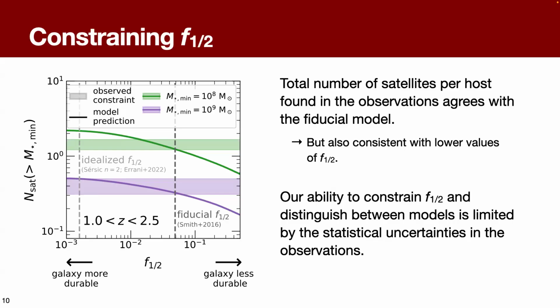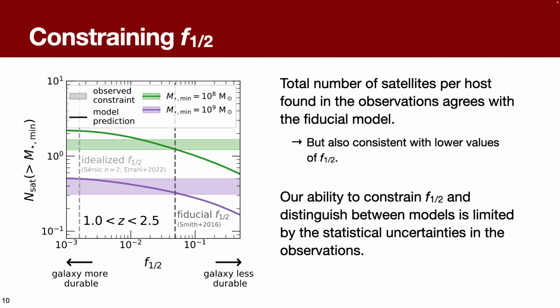And then the corresponding satellite counts from the data are shown in these shaded bands. So the idea is that the intersection between the solid line and the shaded band gives you a constraint on the value of F1 half.